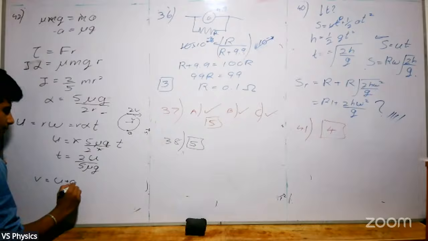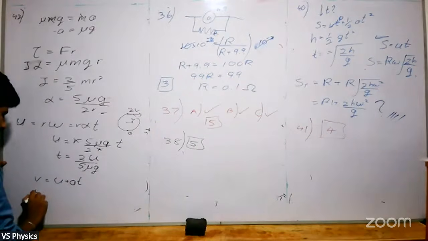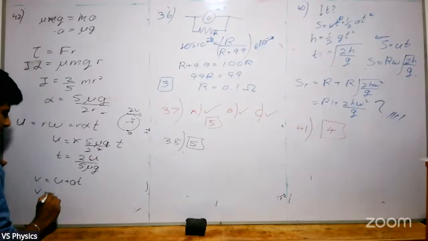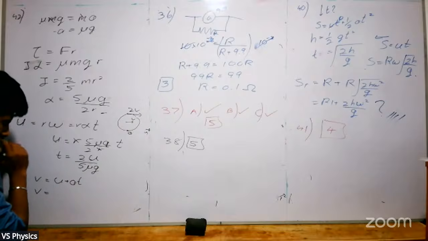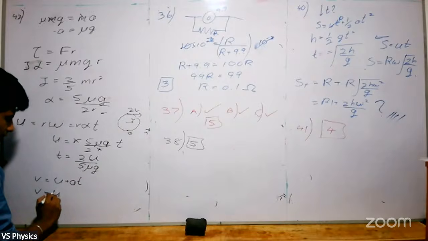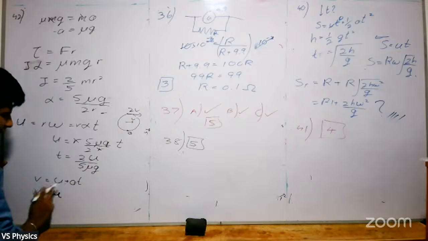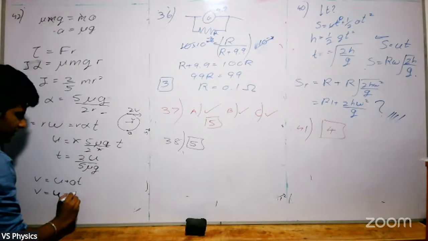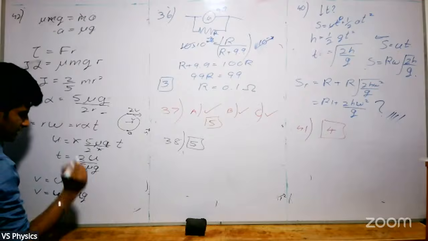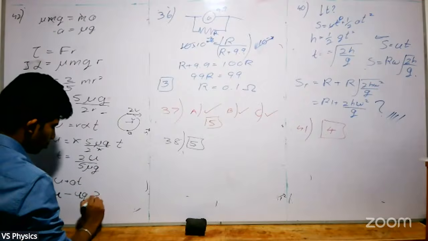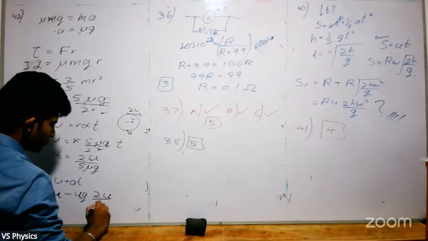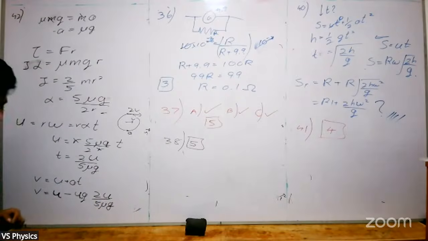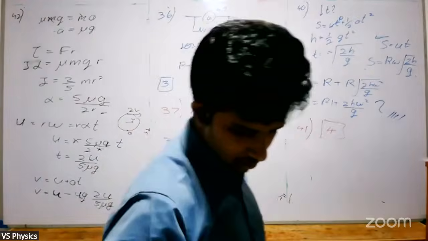Initial velocity we don't know, so let us call it u. Final velocity is v, minus the deceleration, which is mu g. Time is 2u divided by 5 mu g.